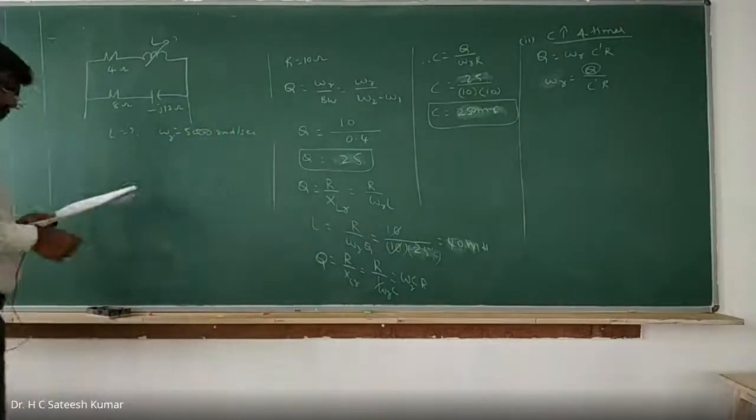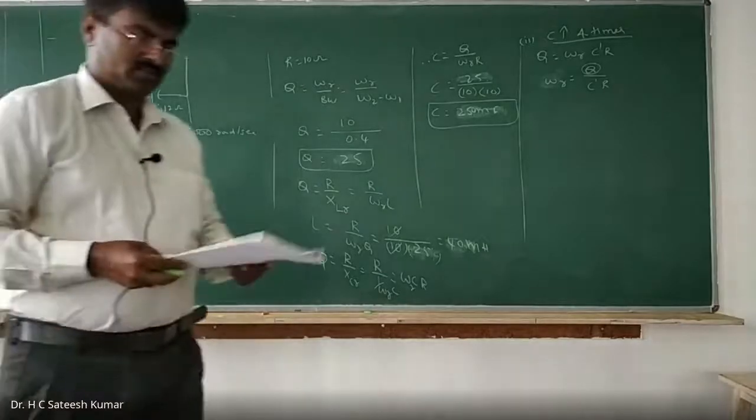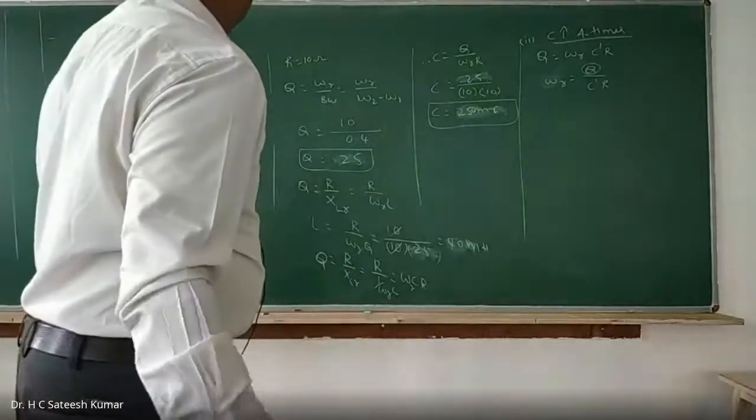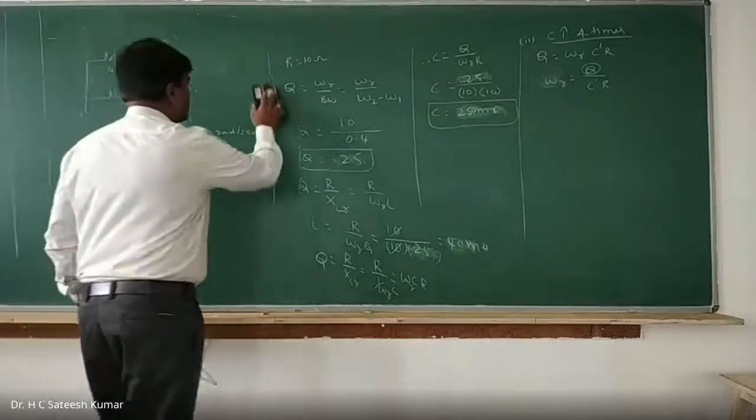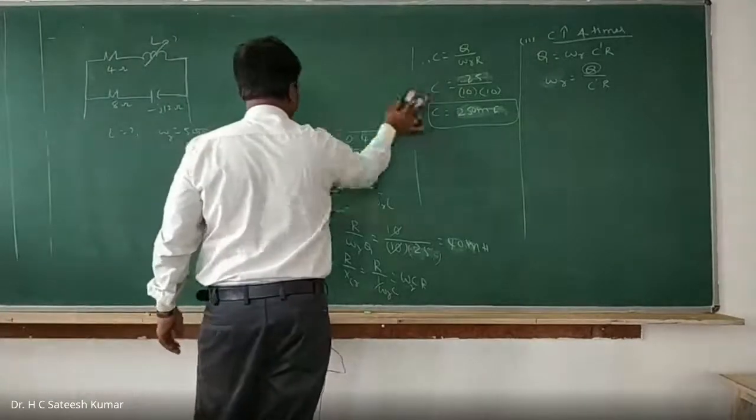So we have to use the formula of a parallel resonant circuit with resistance in both the branches.